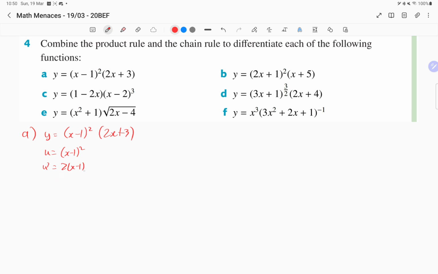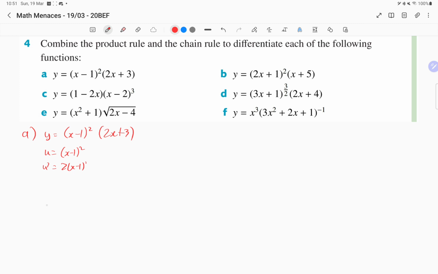Don't you just do the same thing once you move it to the front? Well, what do you mean by the same thing? Because I moved the power to make it 2(x take 1), and then can I make that my u? You mean this one? Yeah. 2(x take 1) to the power of 1? That's the derivative already.